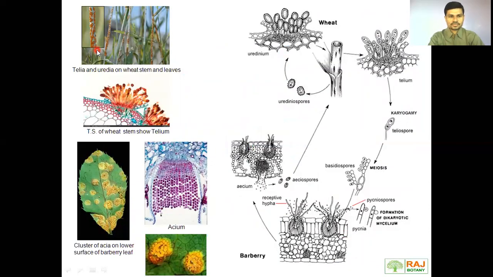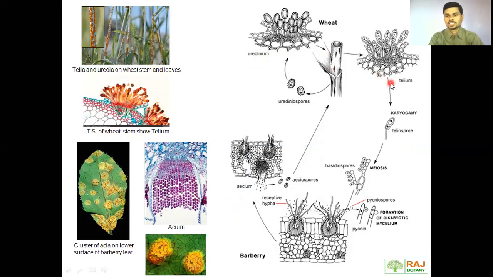In this figure, we can also see the telia and uredia on the wheat stem and leaves. When you take a transverse section of the wheat stem, it shows the appearance of this telium. The uredinium is produced on the wheat stem.